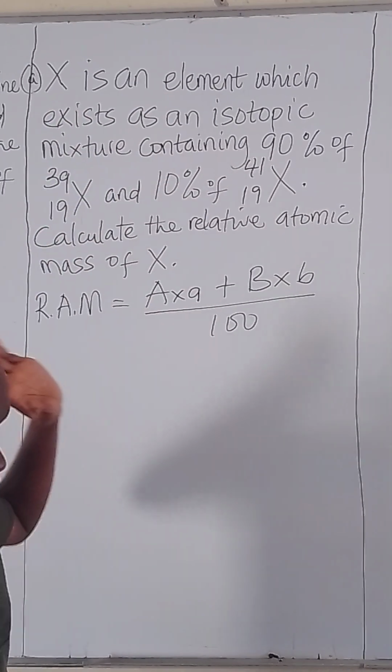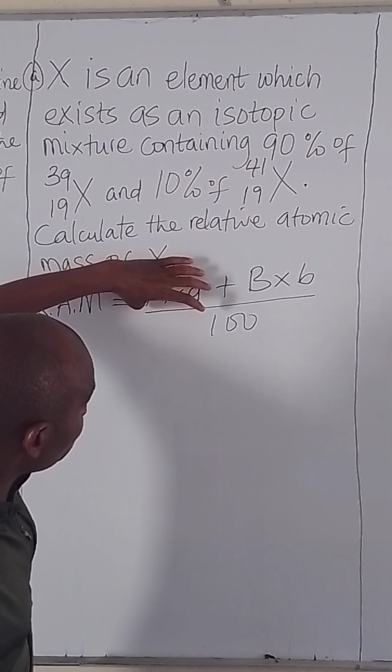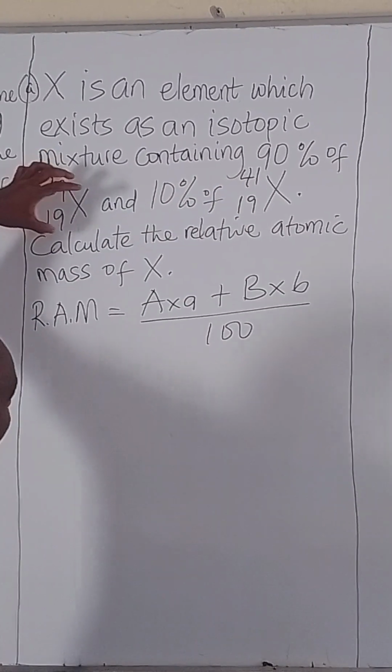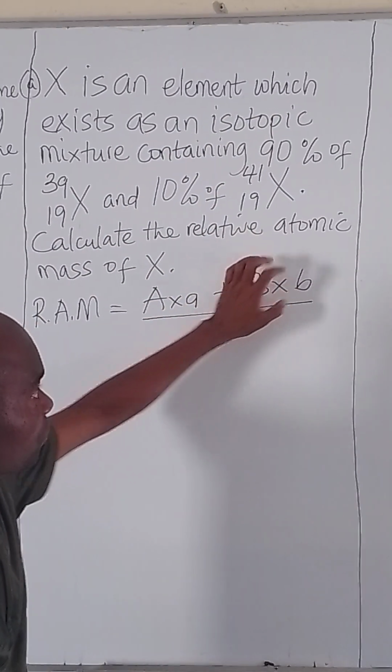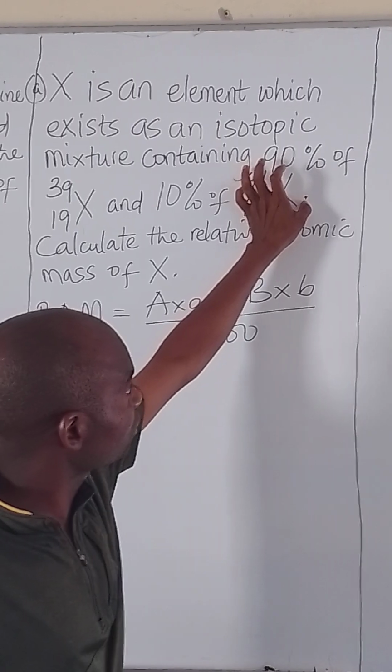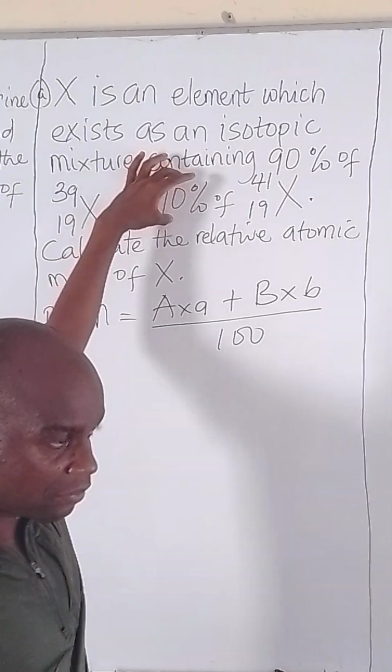So, by substitution, A will represent the first isotope and its proportion. B represents the second isotope and its proportion.